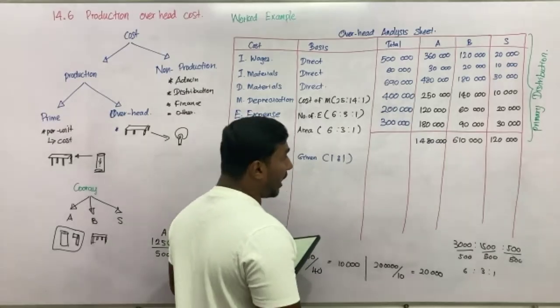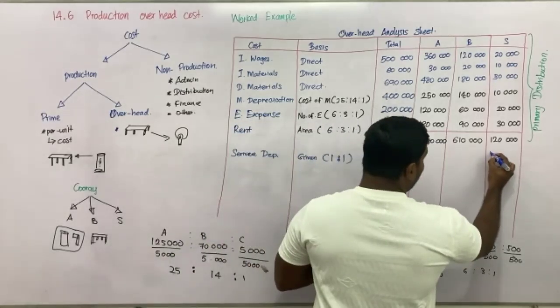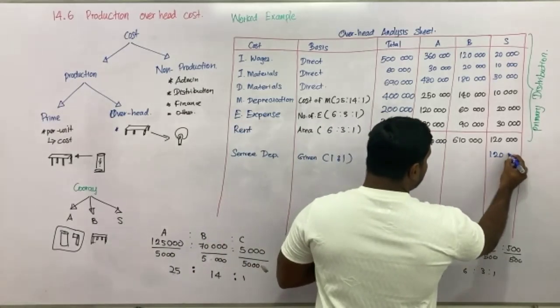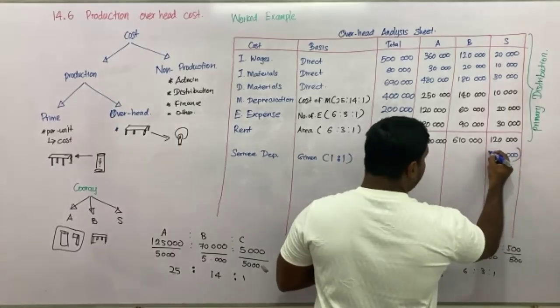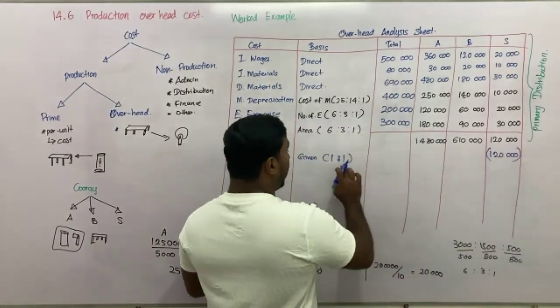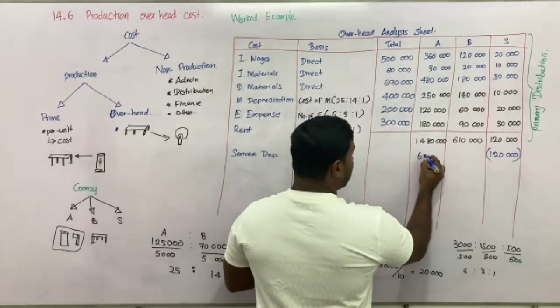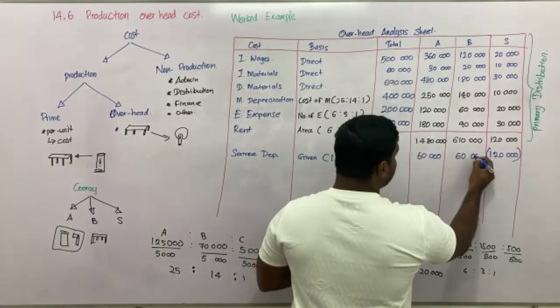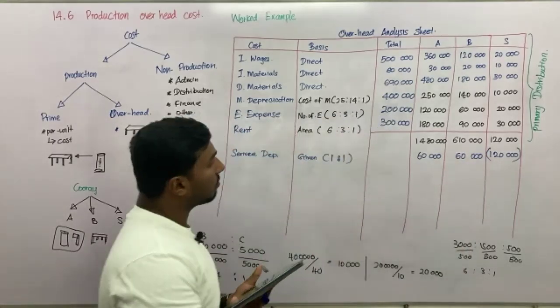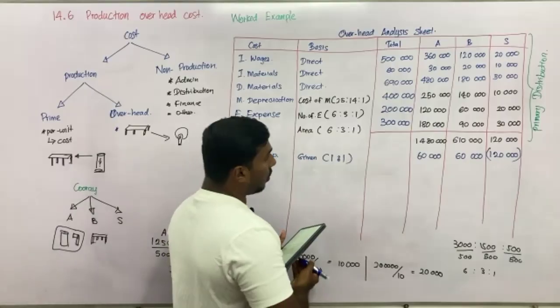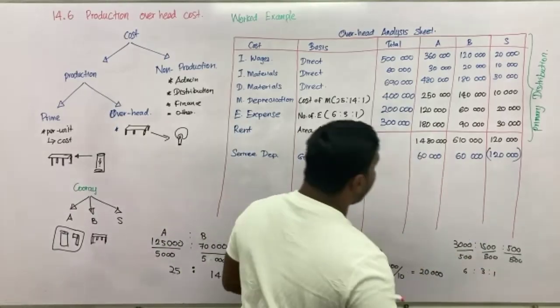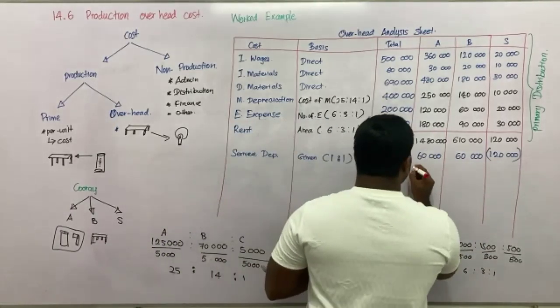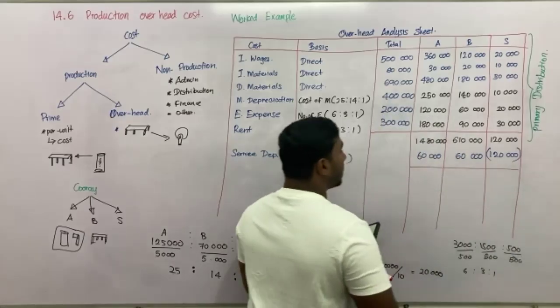So what we have to do now is reduce this 120,000 from here and split it into 1 to 1, which means 60,000 for this and 60,000 for this. Okay, so after that we have to sum it up again.